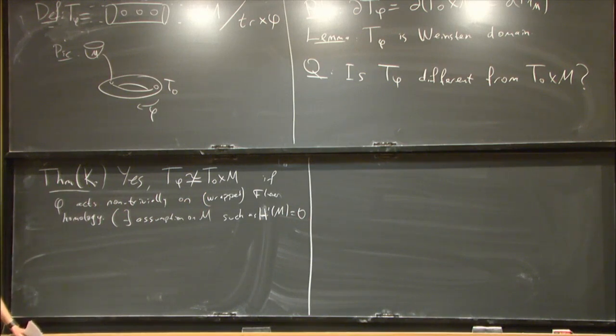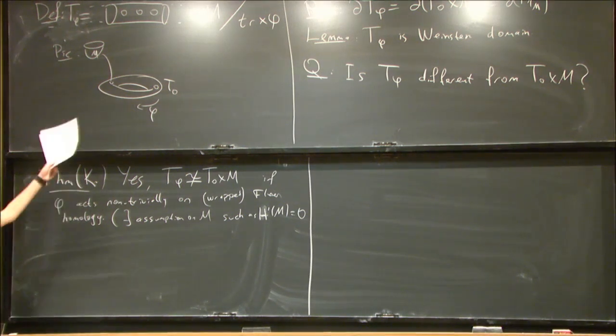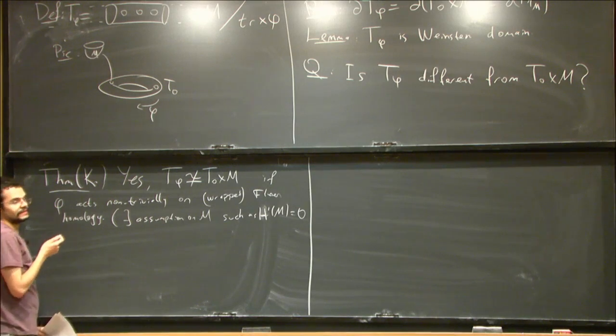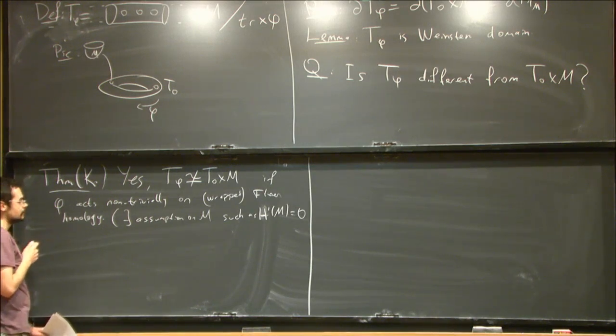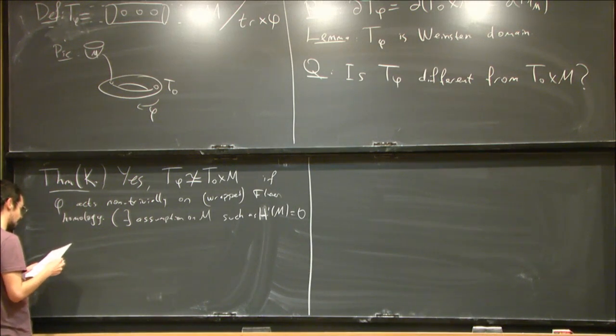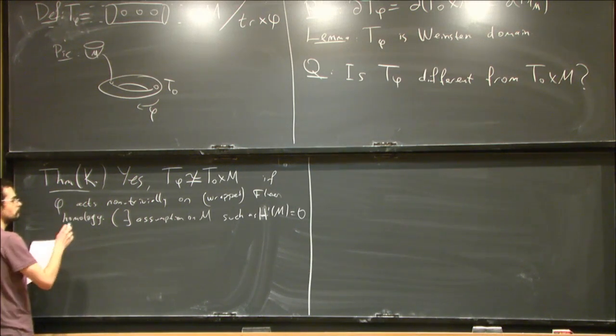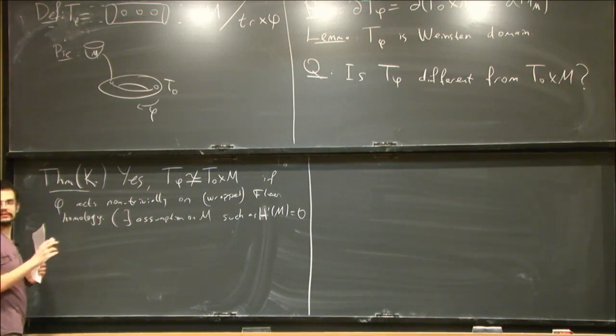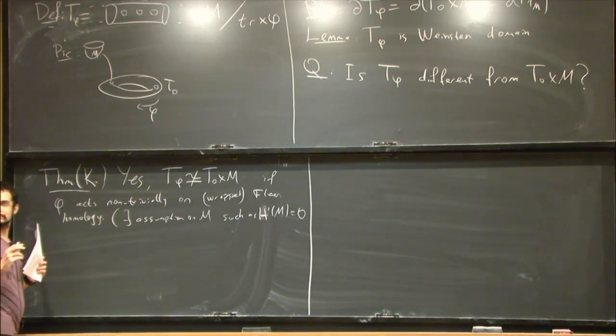Yes. You said already. What's the purpose of puncturing the torus? I mean, without puncturing the torus, you don't even have an exact symplectic manifold. So you don't obtain Weinstein fillings of anything without that somehow. Yeah. So there are assumptions on M. Any other questions? Is the converse true?